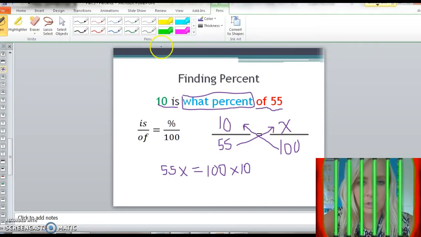And actually, what I'm going to do here is use a dot to represent multiplication so I don't get my variable x confused with multiplication. So I'm going to simplify 10 times 100, which is 1,000, and I can use my calculator to double check, which is equal to 55x.